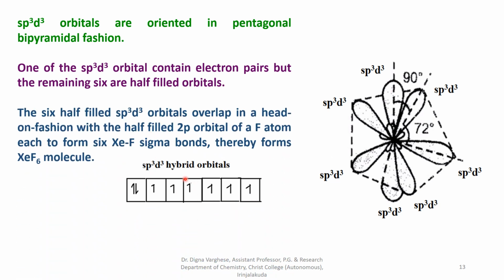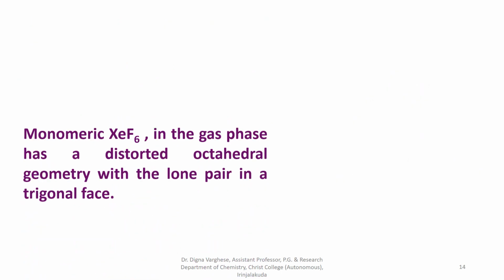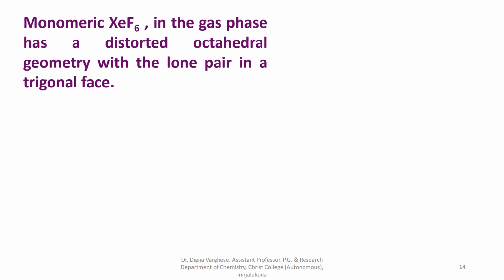and the 6 half-filled sp3d3 orbitals overlap in a head-on fashion with the 2p orbital of each fluorine atom to form 6 Xe-F sigma bonds, thereby forming XeF6 molecules.